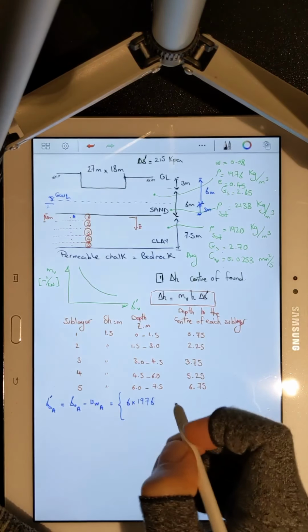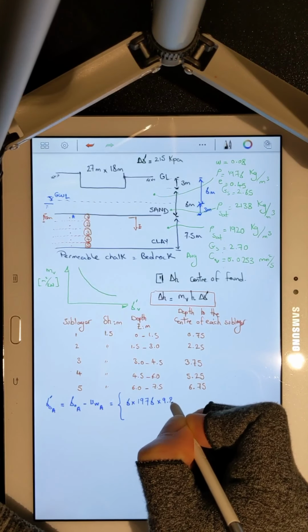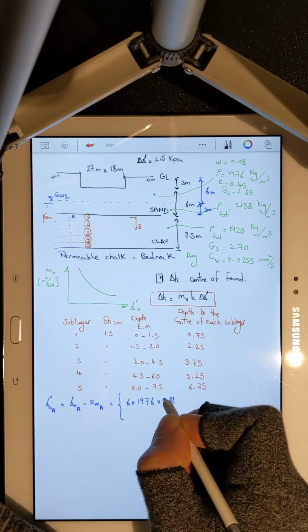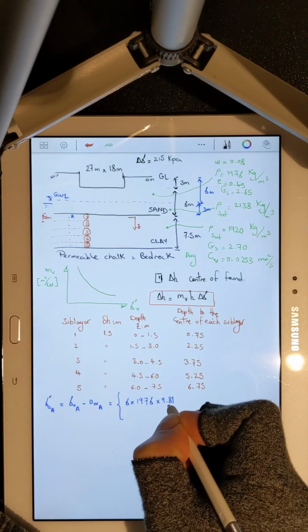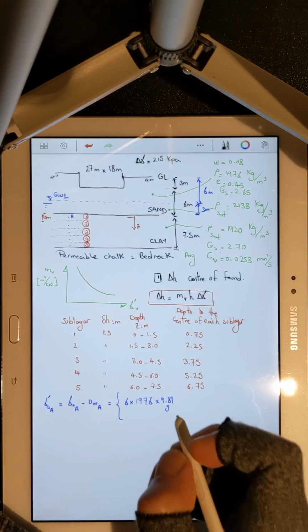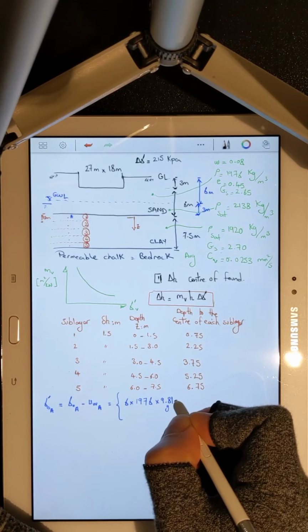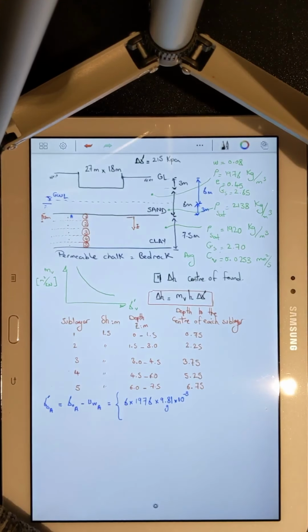If I multiply this by 9.81, that is the g, gravity acceleration, I will get Newton over meter cube, but then Newton over meter cube is not a good dimension, so another 10 to minus 3 to get kilonewton over meter cube.